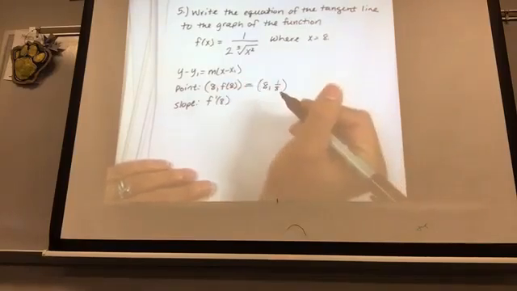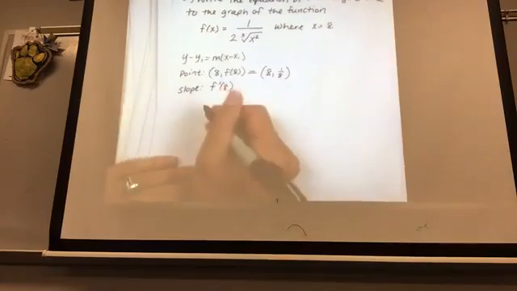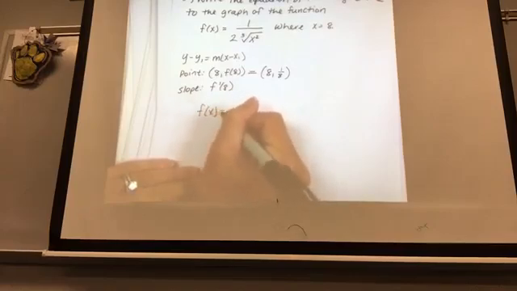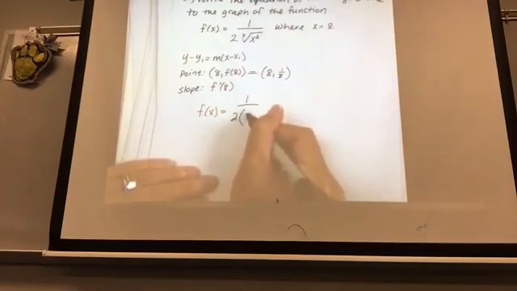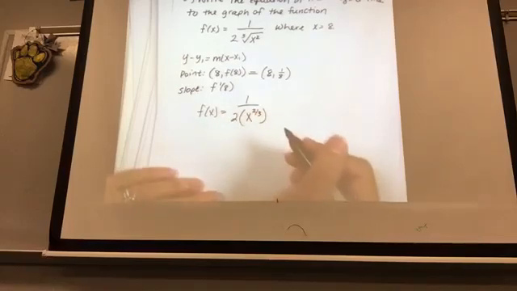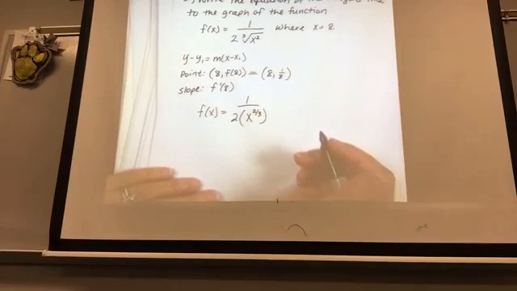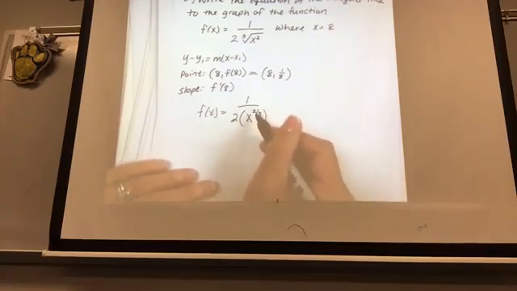Alright, f prime of 8. If I'm going to find the derivative of this, I need to rewrite it to where I can see my power. First, remember, you can rewrite the cubic root of x squared as x to the 2/3. And then now, I can rewrite it using my negative rule.